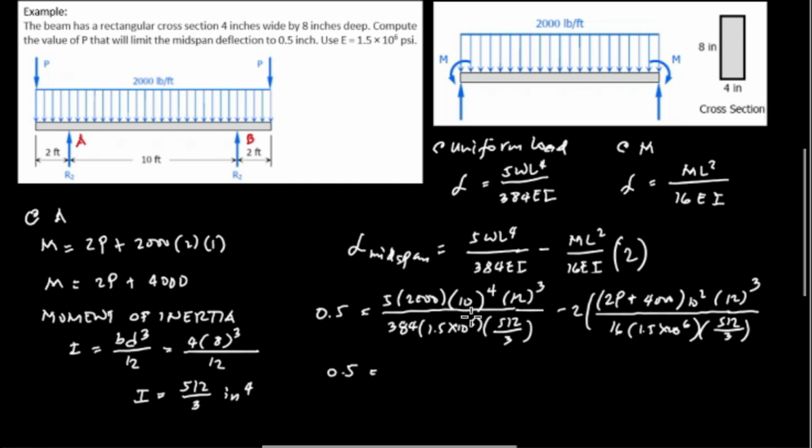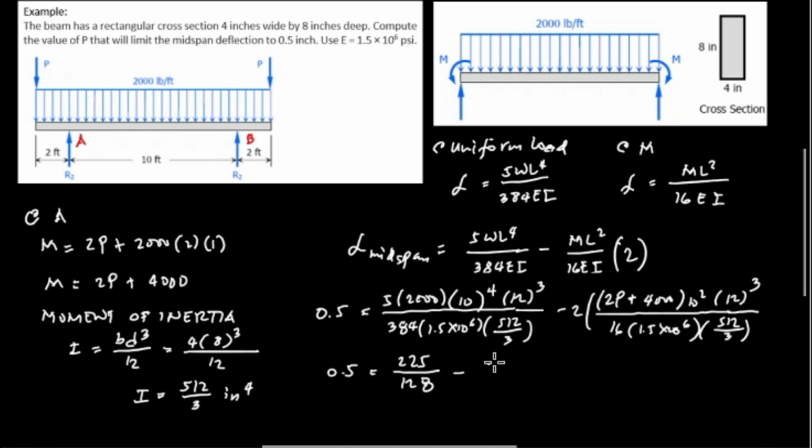5 times 2000 times 10 to the power 4 times 12 cubed all over 384 times 1.5 times 10 to the power 6, multiplied by 512 over 3 in terms of fraction, so that's 225 over 128, minus 2 times 10 squared times 12 cubed all over 16 times 1.5 times 10 to the power 6 times 512 over 3.